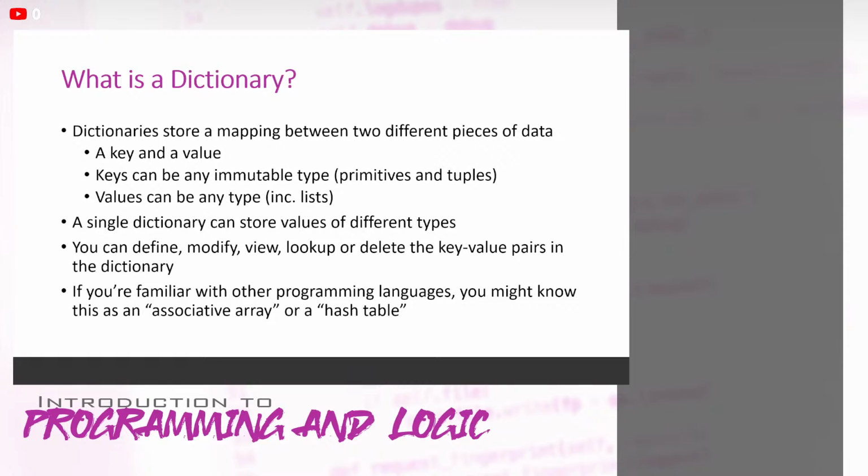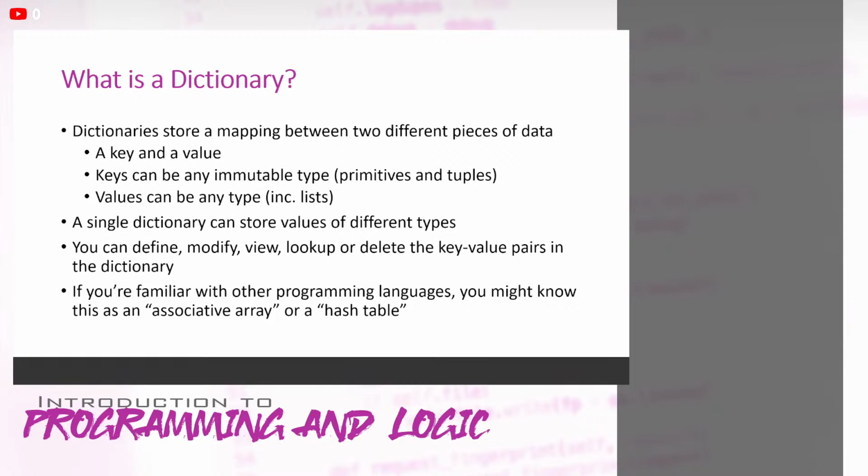So the key is the way that we access the different items in our dictionary. We want to make sure that we can't change the key. The key can be many different types of data, as long as that data is unchanging, as long as that data is remaining constant.